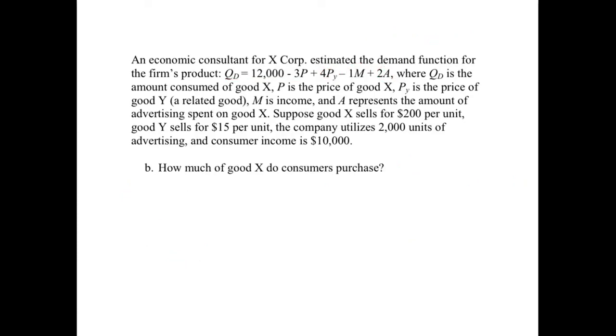The next question, we have the same general equation, but now we want to compute the amount of good X the consumer will purchase. Well, here we could take the direct demand that we computed in the previous question, part A, and simply plug in the value for P, the price of the good. Price of good X is $200.